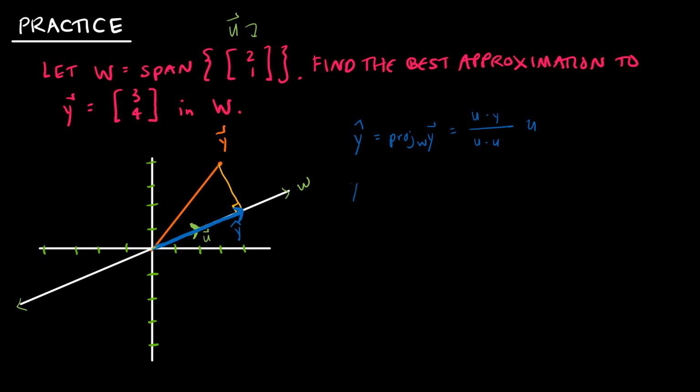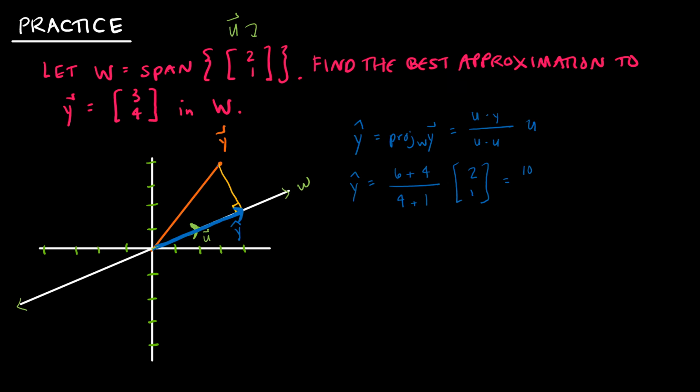So here we have Y hat equals (2 times 3, which is 6, plus 4 times 1, which is 4) over (2 times 2, which is 4, plus 1 times 1, which is 1), multiplied by U.